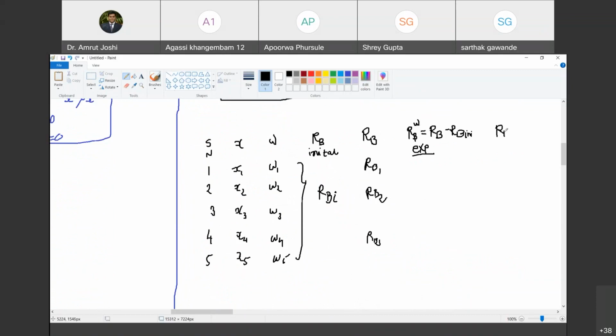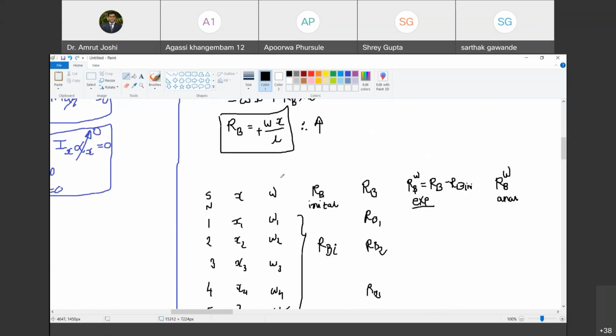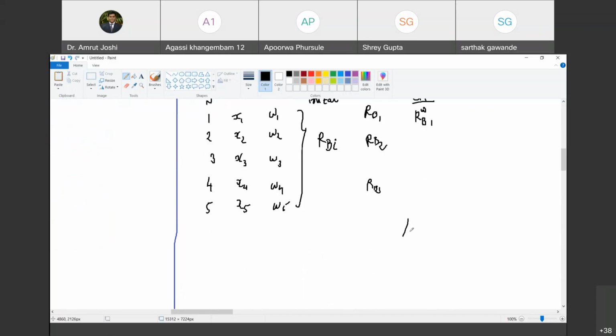Do you have RB only due to W analytically obtained? Yes, sir. Yes, it is Wx by L. Are you with me? Yes, sir. So you are going to have RB values 1 to 5 here. What is the percentage error?